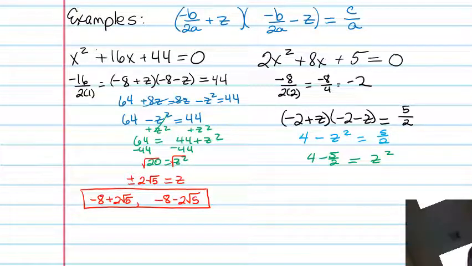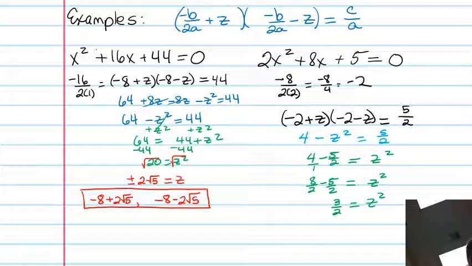Right, and now I'm going to do 4 minus 5 over 2, so I'm going to have to deal with a fraction this time. That's going to give me a common denominator of 2, so 8 over 2 minus 5 over 2 is equal to z squared. So that's 3 over 2 is equal to z squared.